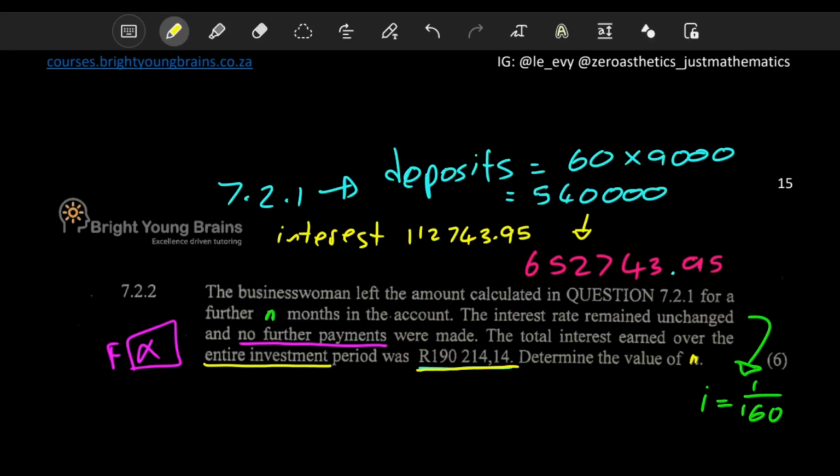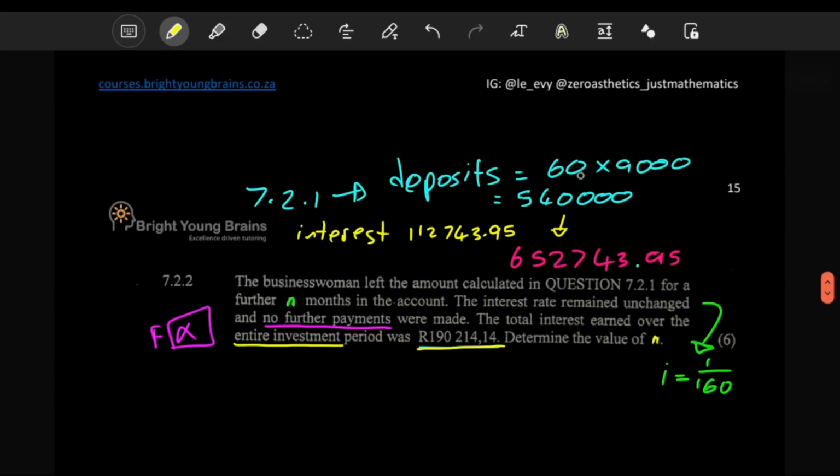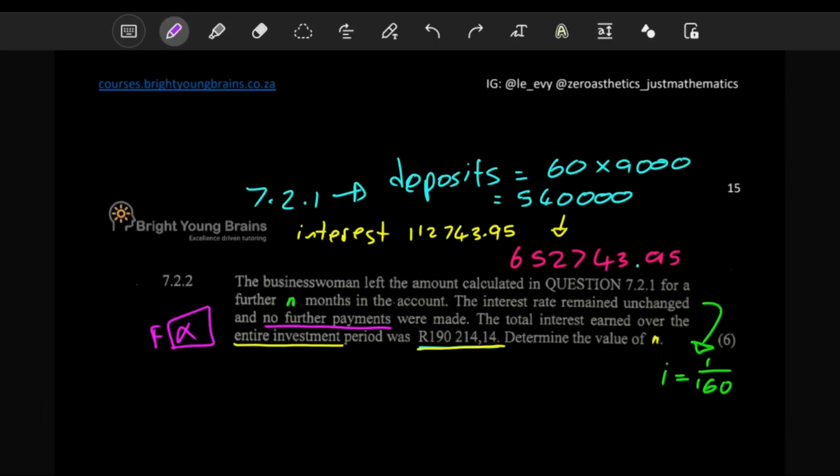So this is the big issue now. Take note that in the 60 months that she was making these payments, this is the interest she got. Meaning the other time that she left money in her account, she got more interest, which eventually accumulated to a total interest of 190 something k, 0.14. So in a nutshell, the interest she earned in these next few months is this much minus what she had already earned in the 60 months where she was making those installments.